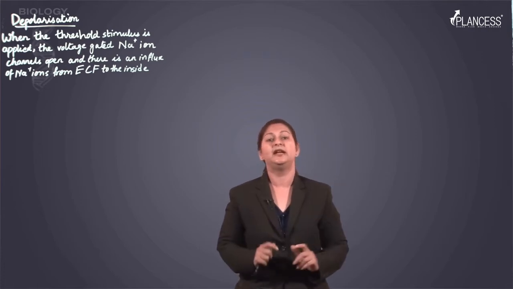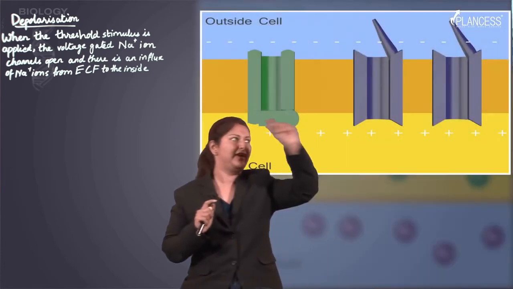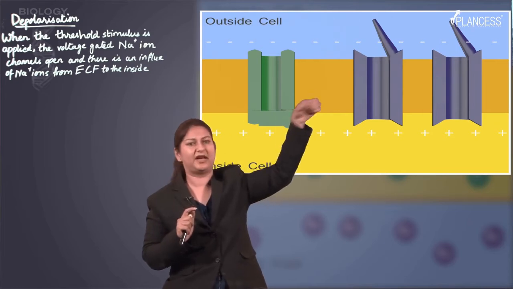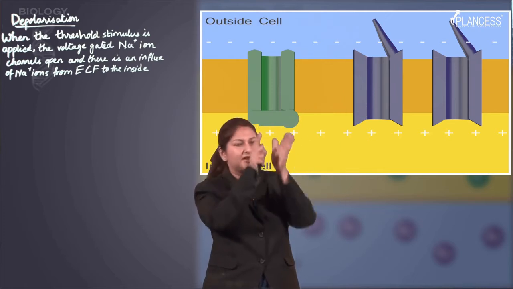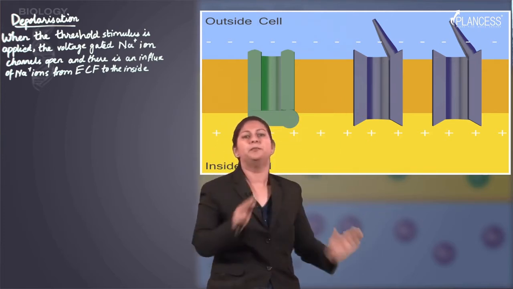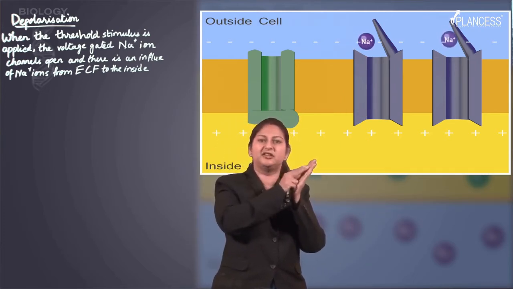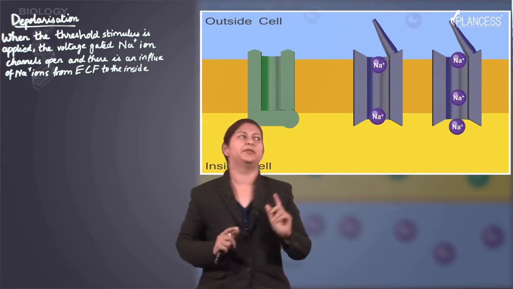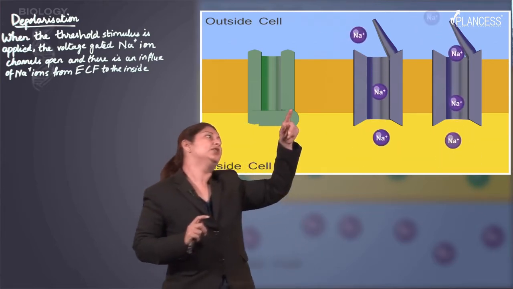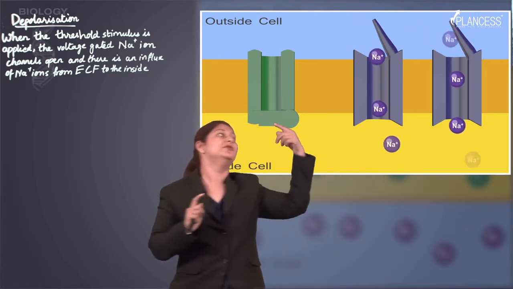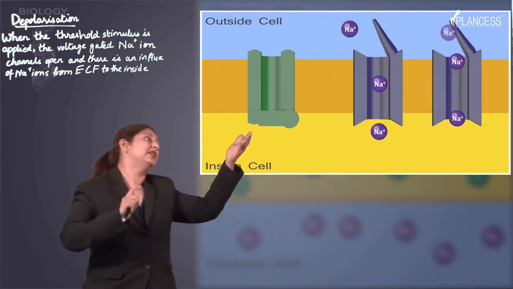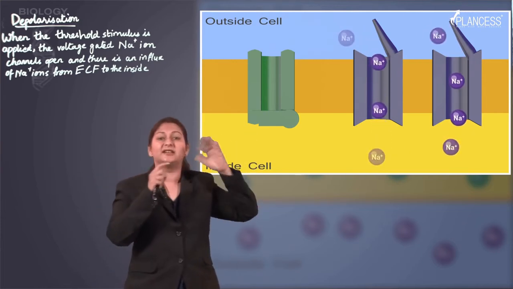The way they have depicted the positive and the negative sign shows that the accumulation of the ions are very close to the membrane, touching or adjacent to the membrane.